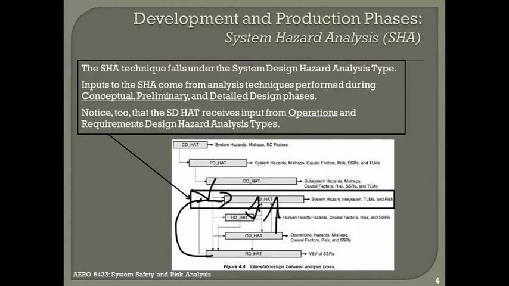So the inputs into the system level hazard analysis type come from detailed design, requirements design, human design, operational design. The system hazard analysis churns up all those results gathered from all the other analysis types and puts out integrated system hazards, top-level mishaps, and risk to help continue to enhance the system design for safety.